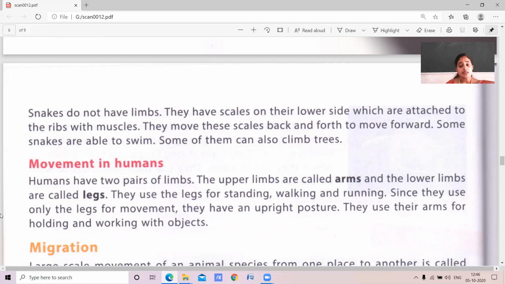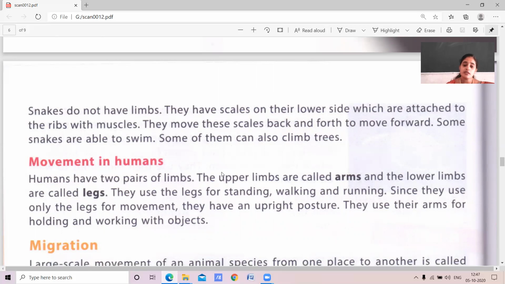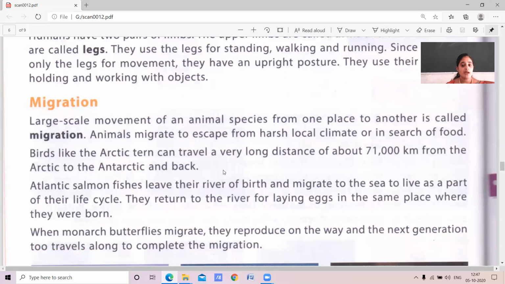Okay. So different animals show movement in different ways. Is it not? Yes. So, come to migration. Migration means, as you know, moving from one place to another place. Why? Because of climatic change, or in search of food, or to get shelter. For so many purposes, animals will move from one place to another place.